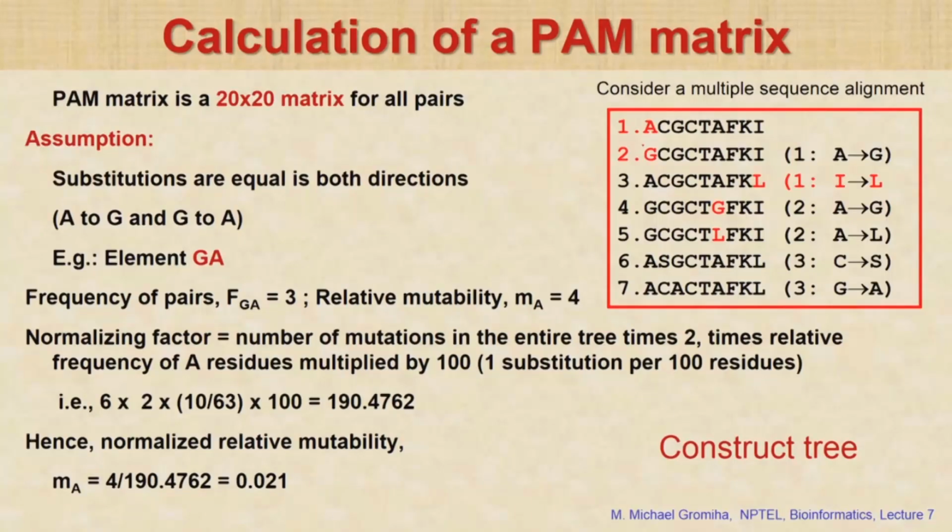So, we see one sequence here: A, C, G, C, T, A, F, K, I. In the first case A is mutated to G. So, we can construct a tree.